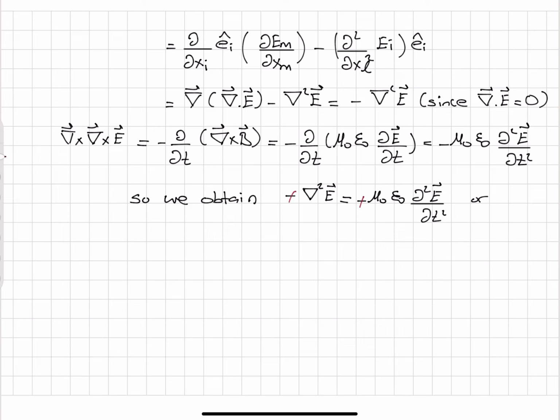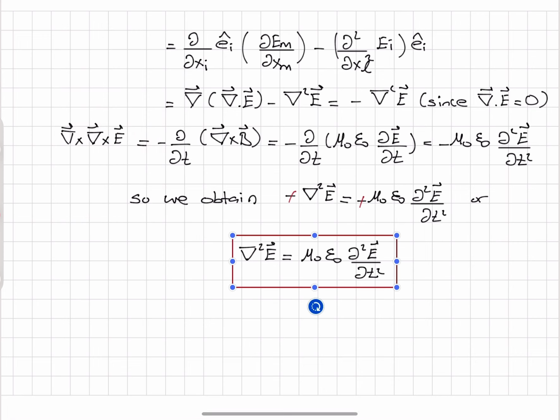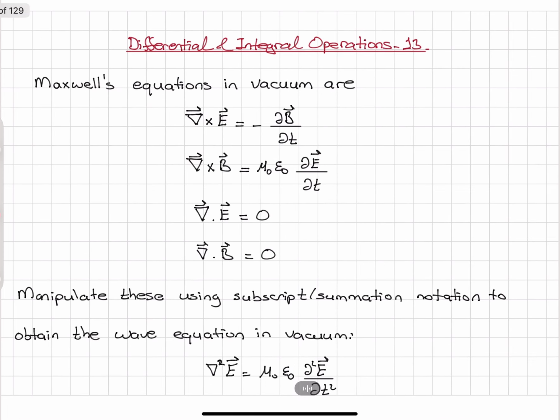I can rewrite this result as the Laplacian of the electric field is mu 0 epsilon 0 second derivative of the electric field with respect to time. So that gives me the wave equation in vacuum. That's what we were supposed to prove.